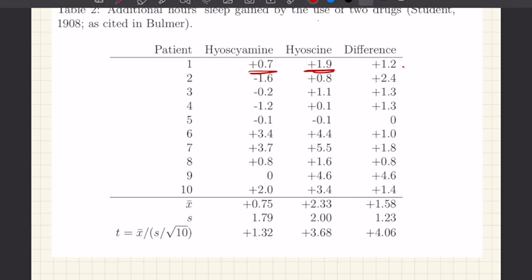So 1.9 minus 0.7 is 1.2, and 0.8 minus 1.6 is plus 2.4, and so on. So for these values, we again calculate the sample mean and small s.